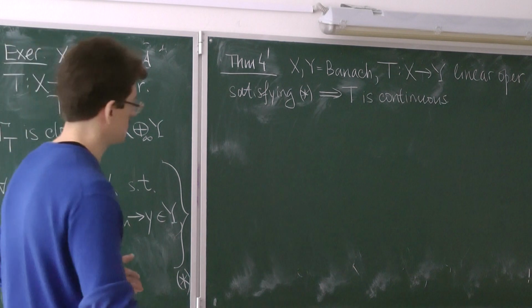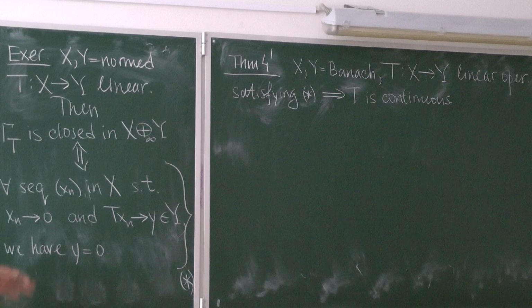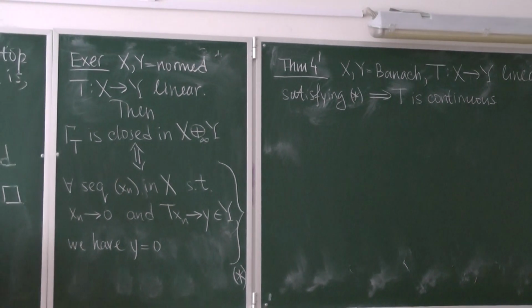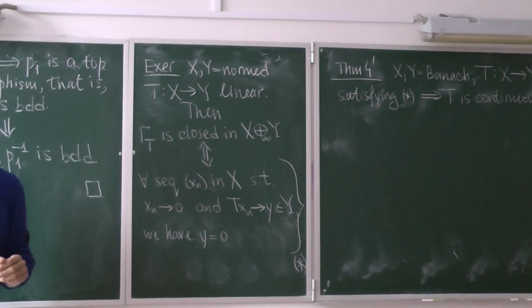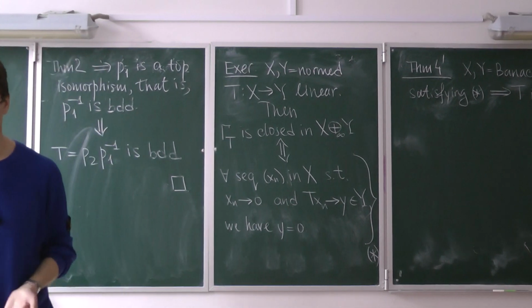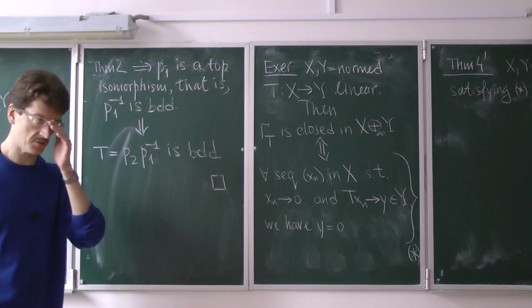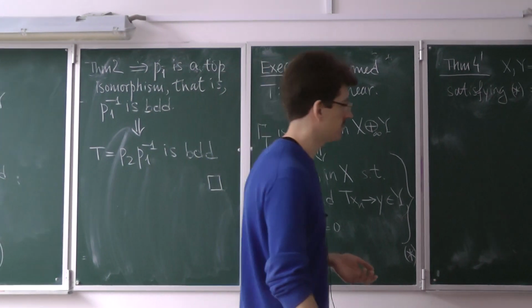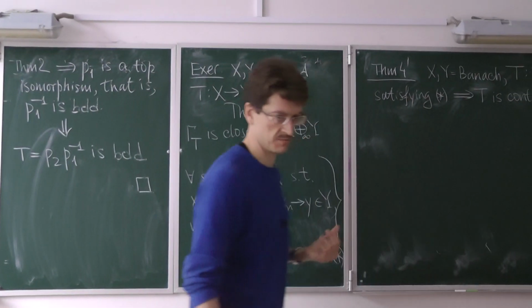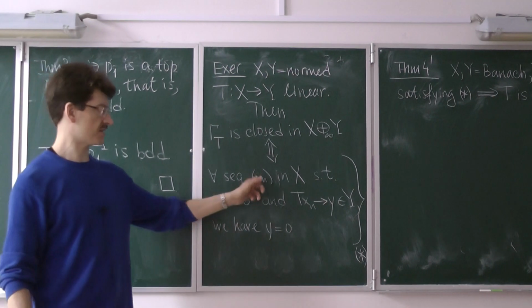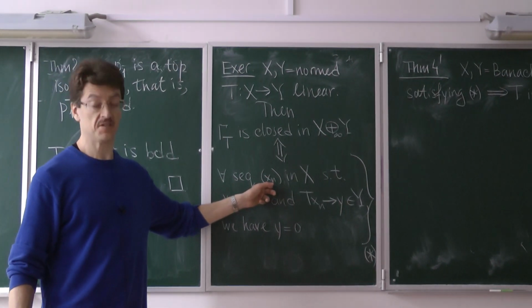So why is it useful? Well, let's look at this condition once again. Suppose that we want to prove the continuity of some operator simply by definition. We know that an operator is continuous if and only if it is continuous at 0. So if we want to prove the continuity of T by using the definition, we must prove the following: if xn goes to 0, then T of xn goes to 0.